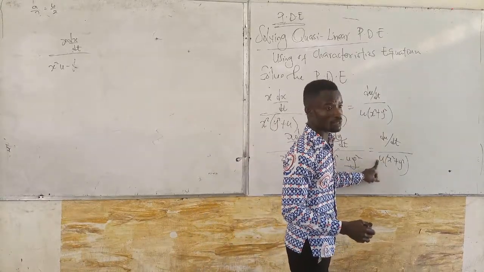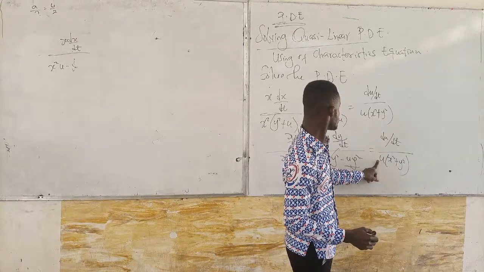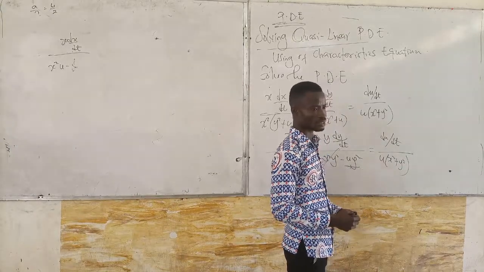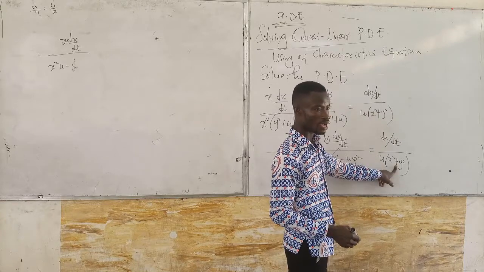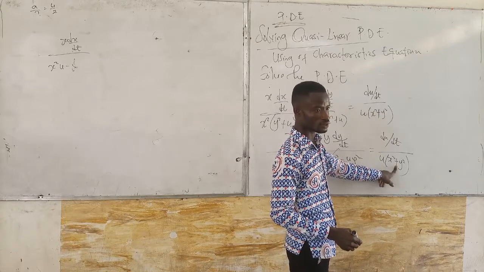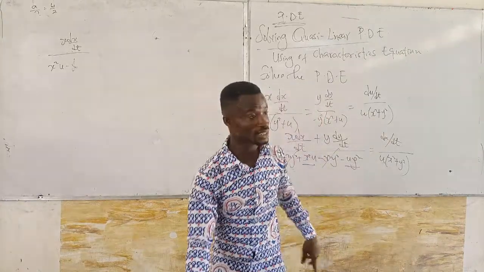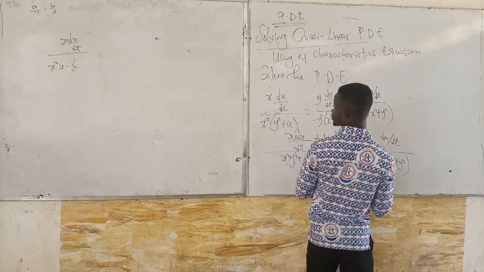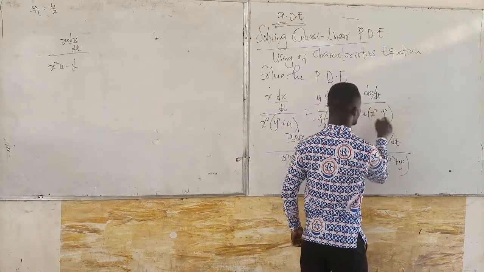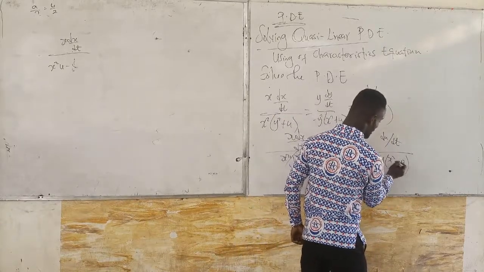We have it's negative. X square minus y square. The question is negative, it wouldn't be possible. Yeah, it's negative.